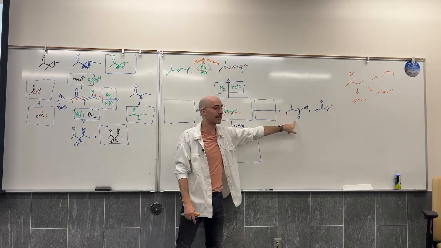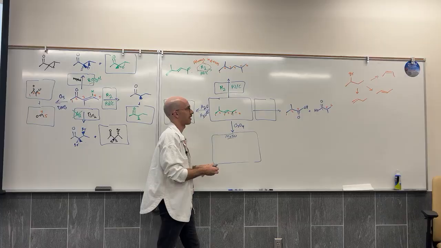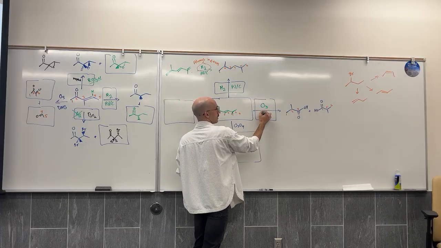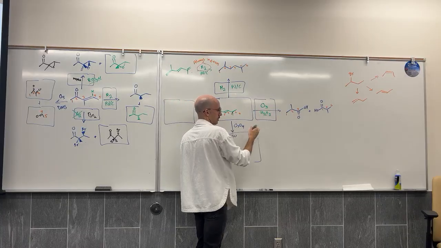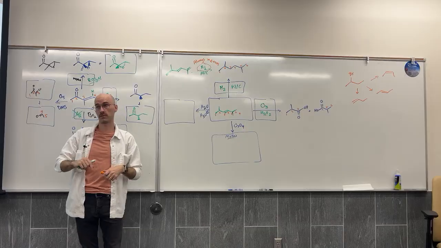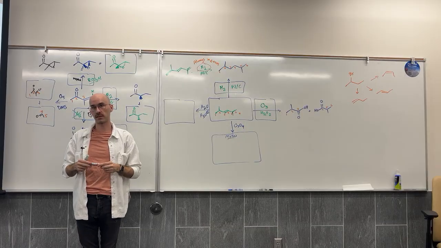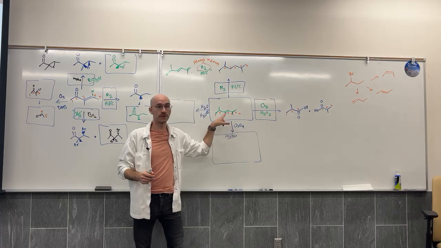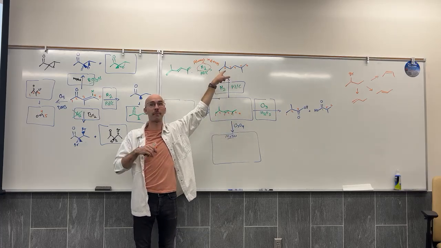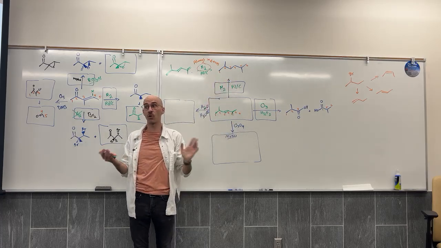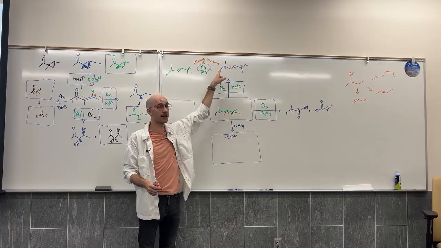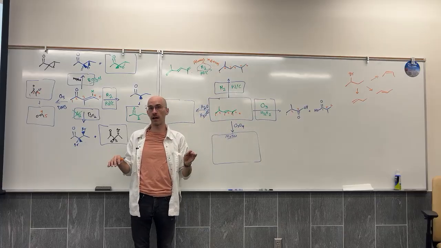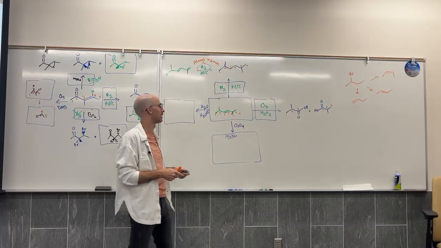And oxidative ozonolysis, sorry, I didn't add the reagents, O3, H2O2, or hot potassium permanganate. Neither of these reactions depend on the alkene being cis or trans. Both of these reactions work just as well whether the alkene is cis or trans.